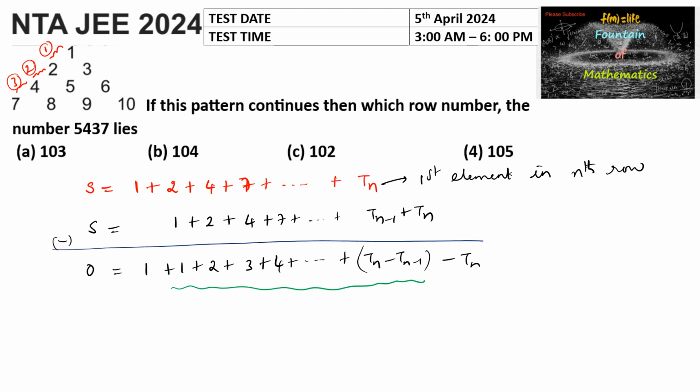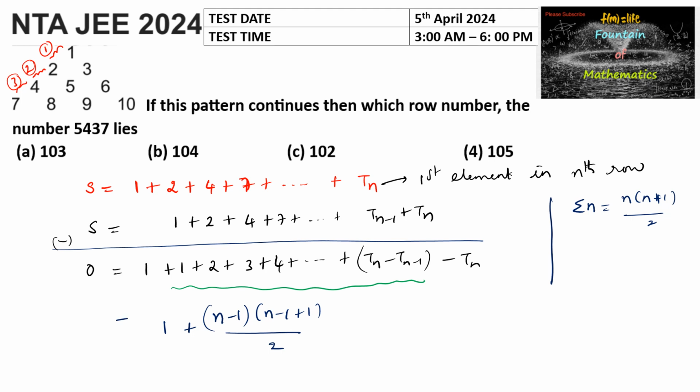We know that the sum of n natural numbers is n into n plus 1 by 2, and the sum of the first n minus 1 natural numbers we can write as n minus 1 into n minus 1 plus 1 divided by 2, and here it is plus 1, and minus Tn will go to the other side.